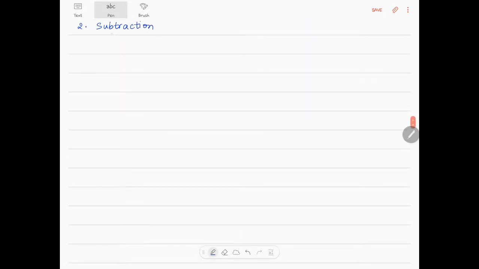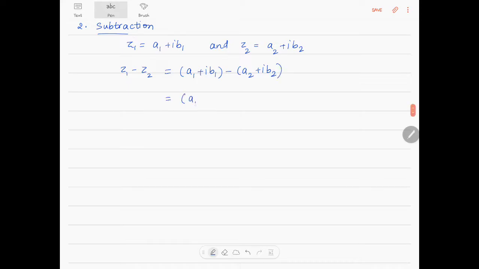Again, if we have two complex numbers, z1 equal to a1 plus i b1 and z2 equal to a2 plus i b2, and we want to subtract them, we write it as a1 plus i b1 minus a2 plus i b2. Clearly, the real parts will be subtracted, giving a1 minus a2 in brackets, and if we take i common from the other two terms, we have b1 minus b2. In this manner we have done the subtraction of two complex numbers.